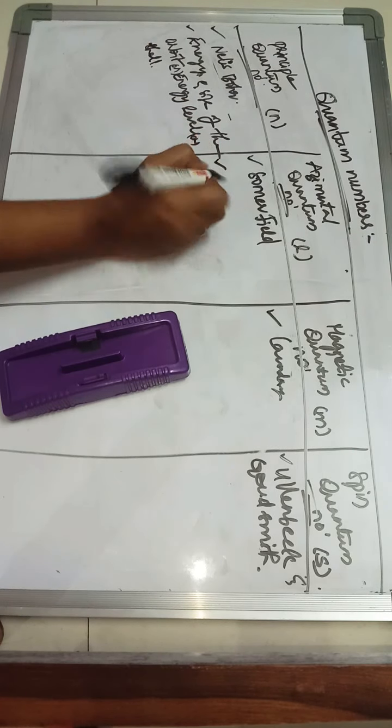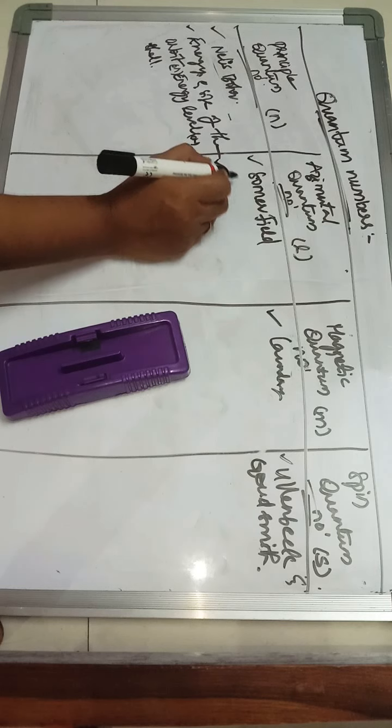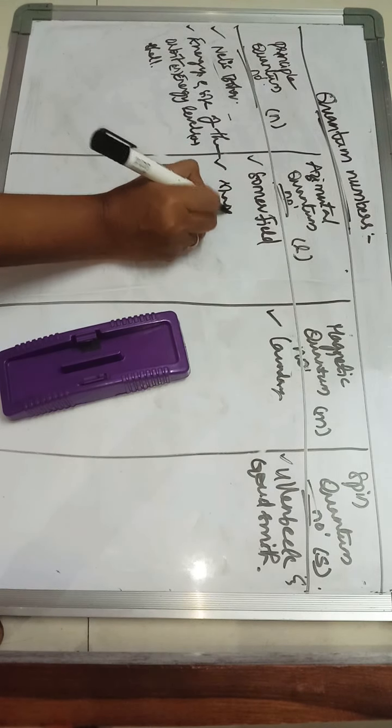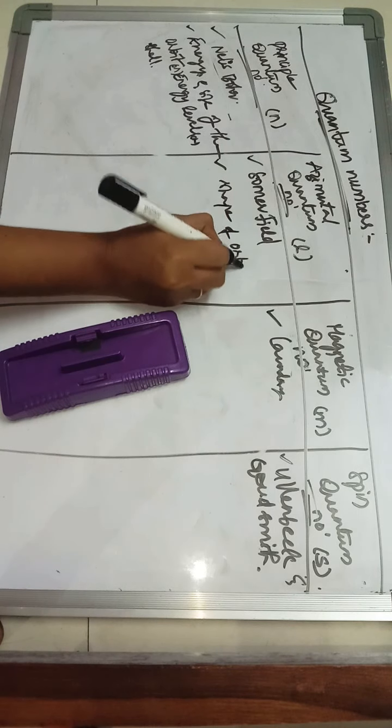Here this azimuthal quantum number explains the shape of orbitals.